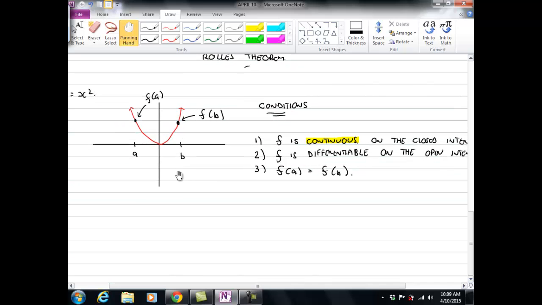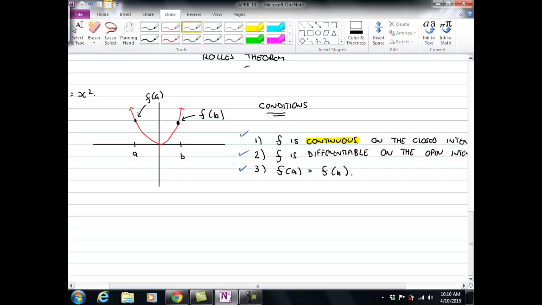So in my diagram, I have a continuous graph. Check. I'm just checking each one. This graph is continuous. On this graph, I can find the slope at any point from a to b, which is check. And look at this, there's a point where f(a) equals f(b). Check.